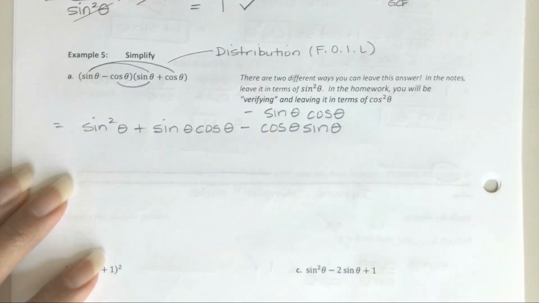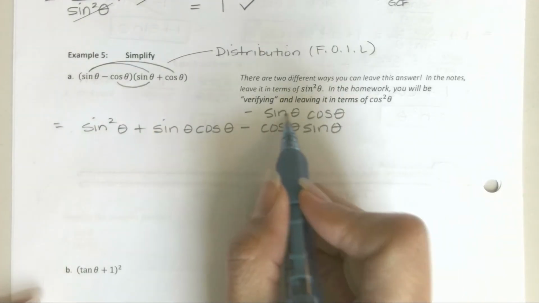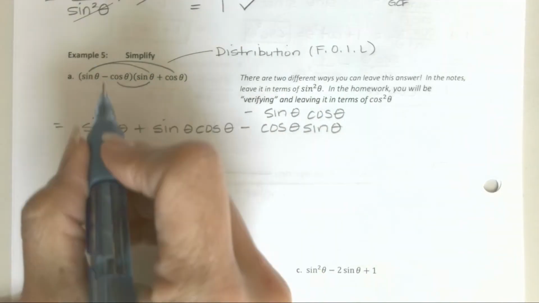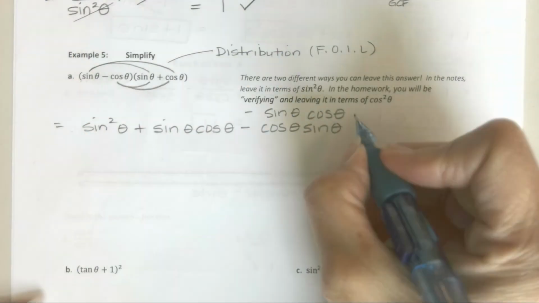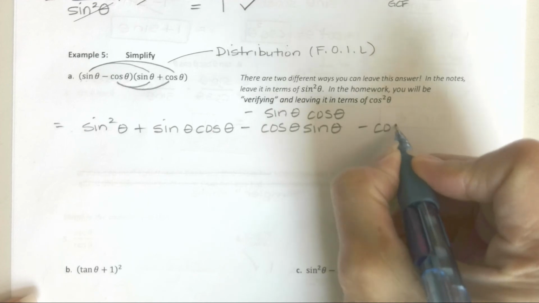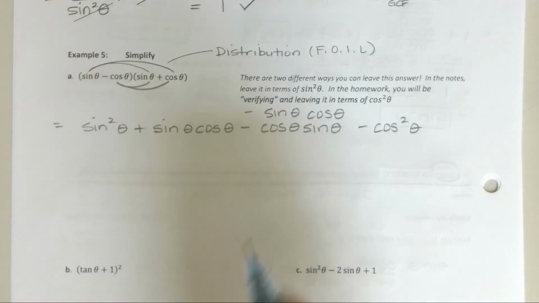The reason you can is multiplication is commutative. 2 times 3, 3 times 2 both mean 6. So order does not matter as far as that operation goes. And then we multiply the last terms. Cosine times cosine, so you get negative cosine squared theta.